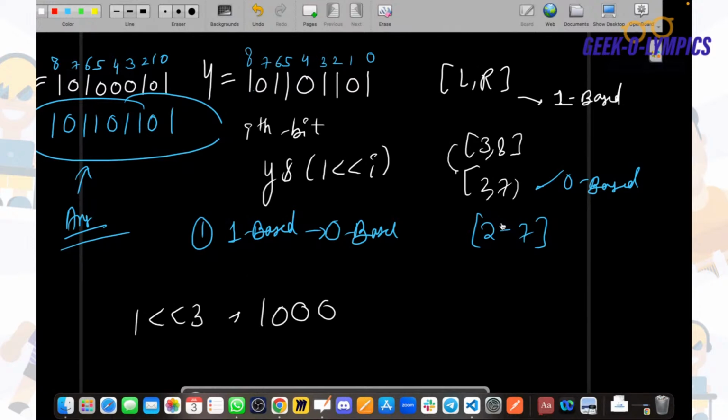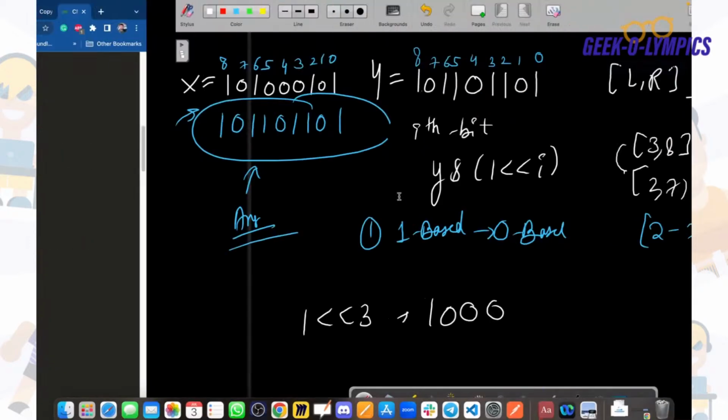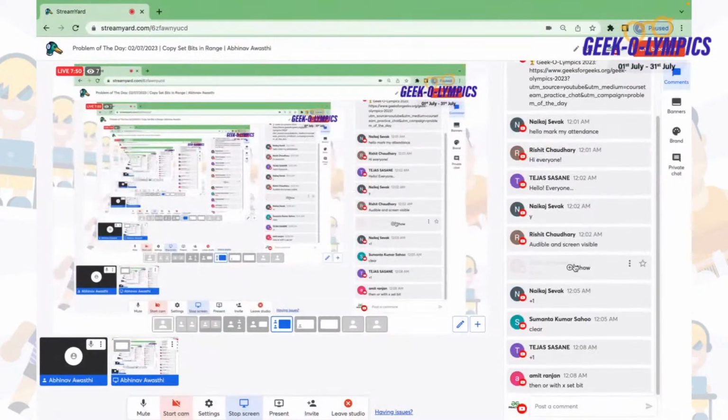If you have to check whether the kth bit is set, simply take one left shift k and do AND with that. If the value is 0, that means it's not set. So this is how we check whether that particular bit is set or not.